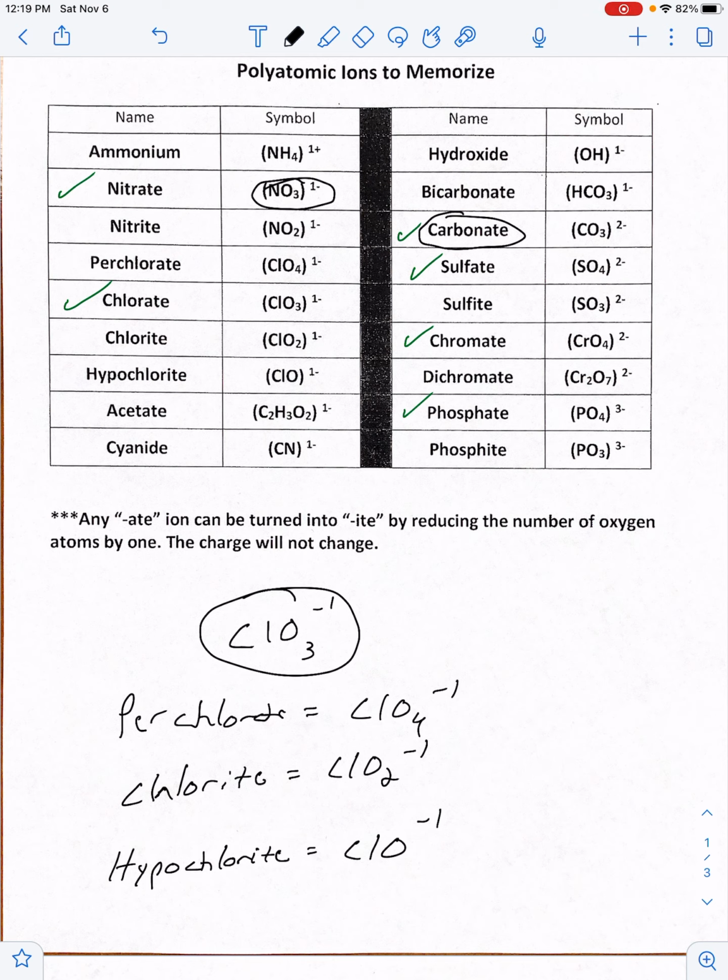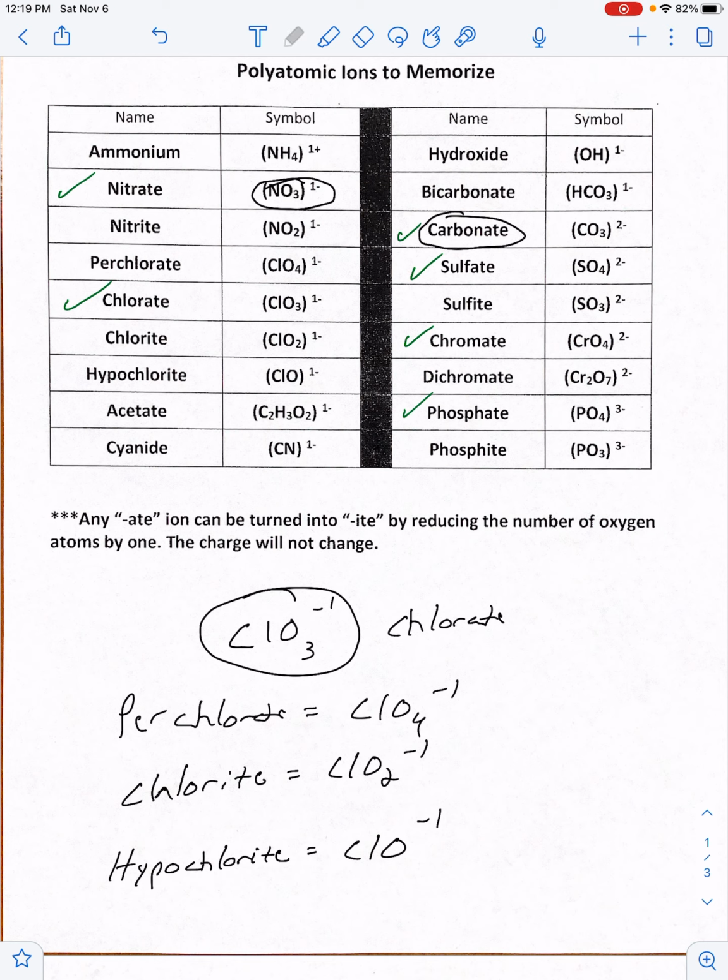So if you know chlorate, up here, if you know that ClO3, then all you have to do is, if you add per to it, you add an oxygen. If you go from ate to ite, you take away an oxygen. And if you add hypo and you're still ite, that means you took away 2 oxygens. So this actually helps out with quite a bit.